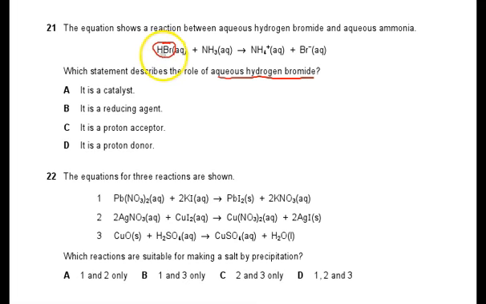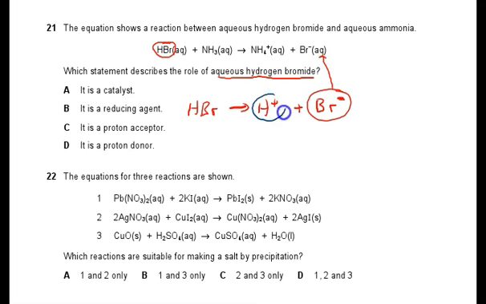So you can say it releases hydrogen, and it forms bromide ion, and this hydrogen will be combined with the ammonia and form ammonium ion.